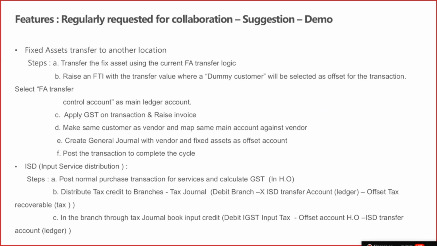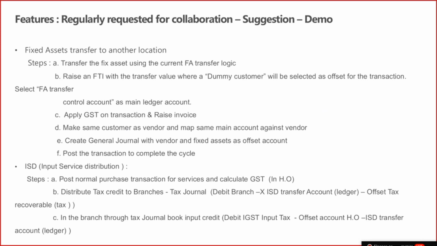In another tax journal you have to post in the branches, they will debit the head office and credit the respective tax account. And please note, you are crediting CGST and SGST, but when your branches are situated in a different state, for them it will be IGST. So they will post IGST recoverable in their books.